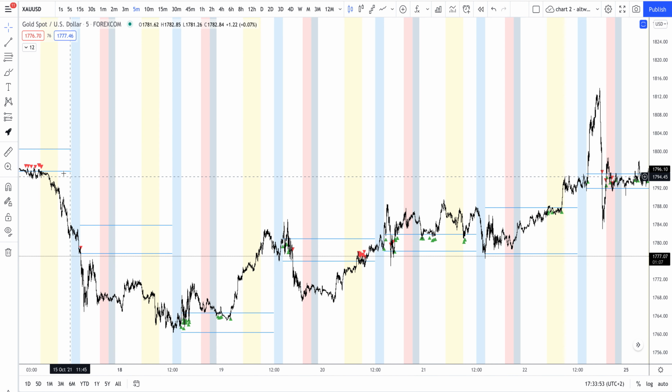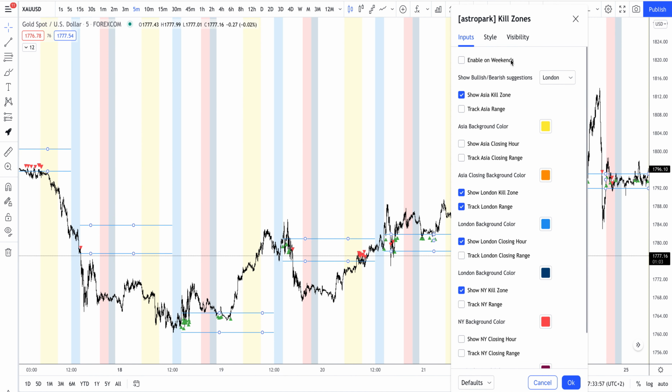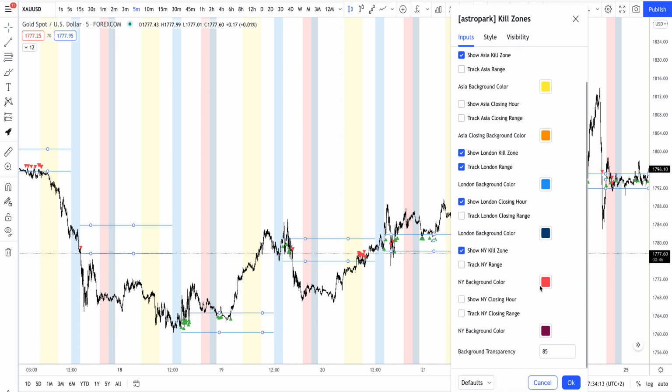In this case, you can see that the Asia session is the yellow one. The closing hour is disabled, but it would be orange. London is this light blue, London close is dark blue, and New York is red, and the closing hour of New York is not displayed.